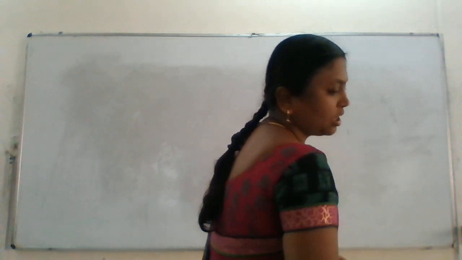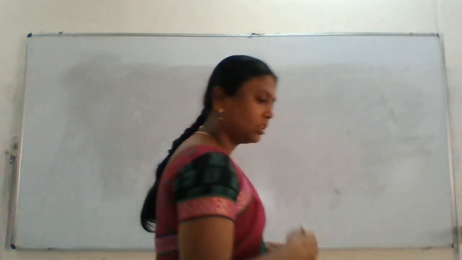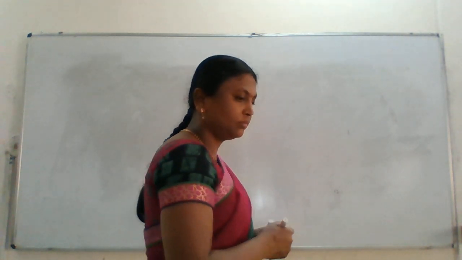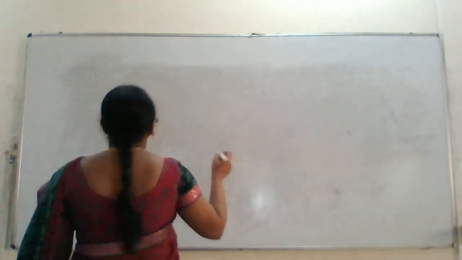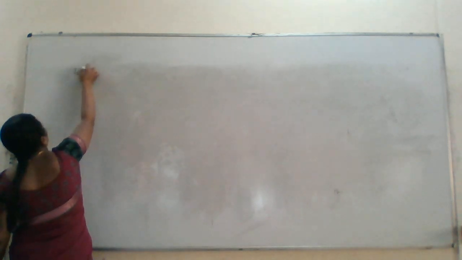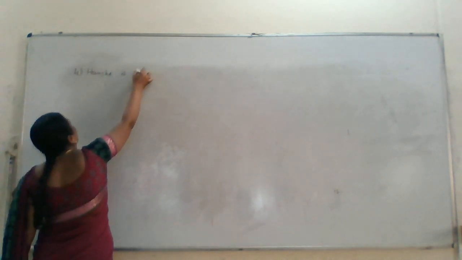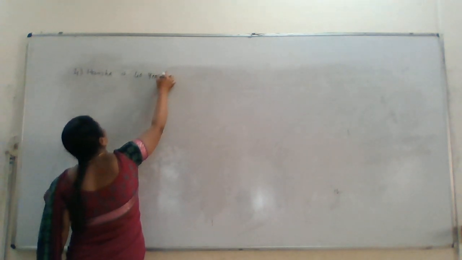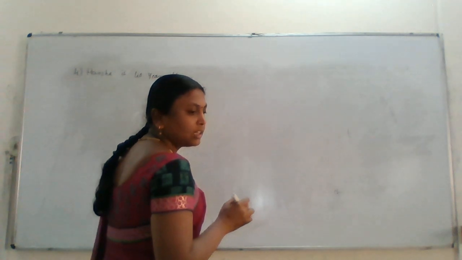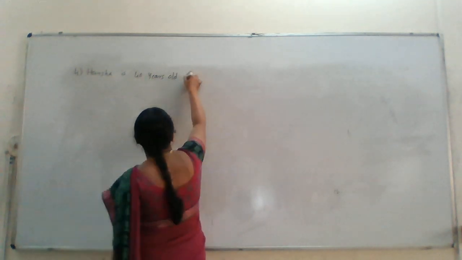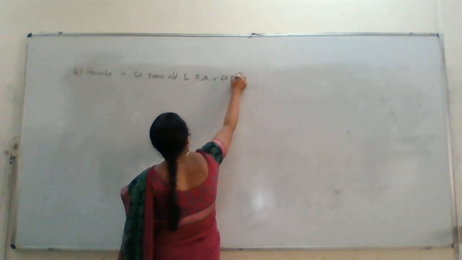So the next question. Fourth question. Harsha is 40 years old and Rith is 60 years old.